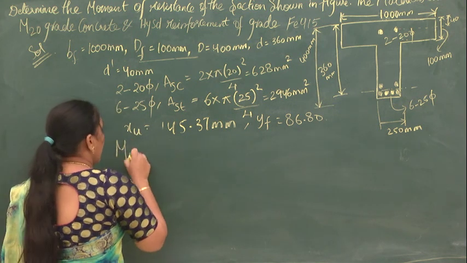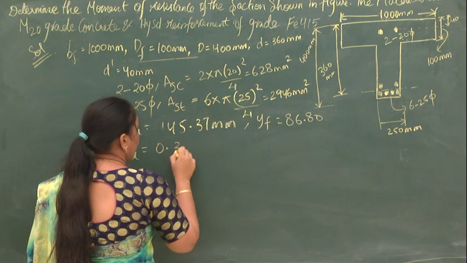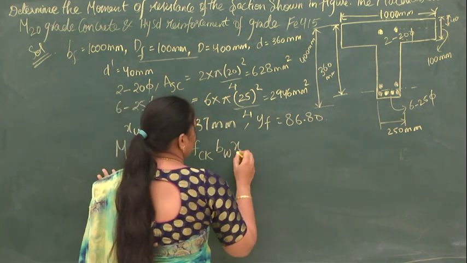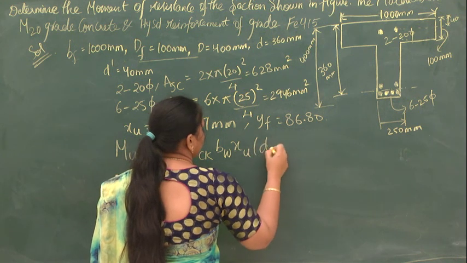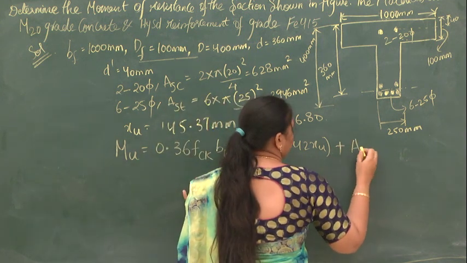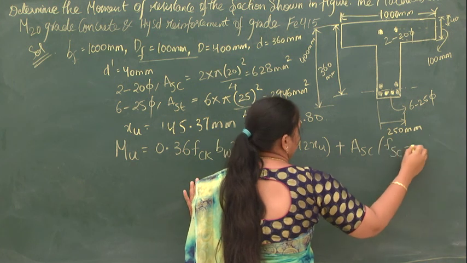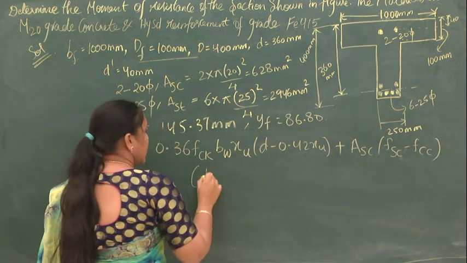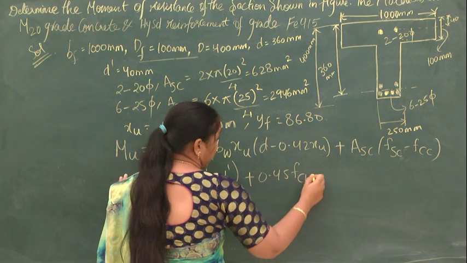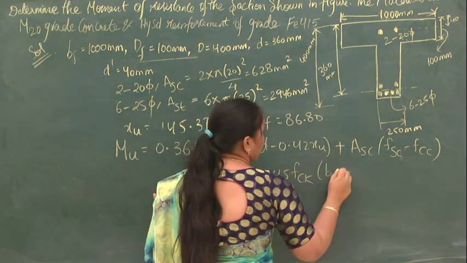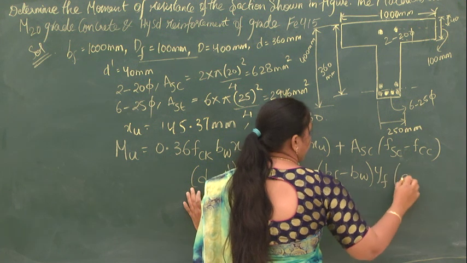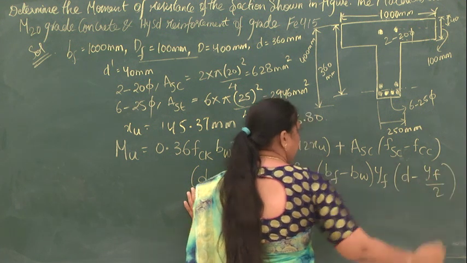Mu is equal to 0.36 FCK BW into XU into D minus 0.42 XU, plus ASC into FSC minus FCC into D minus D dash, plus 0.45 FCK into BF minus BW into YF into D minus YF by 2.